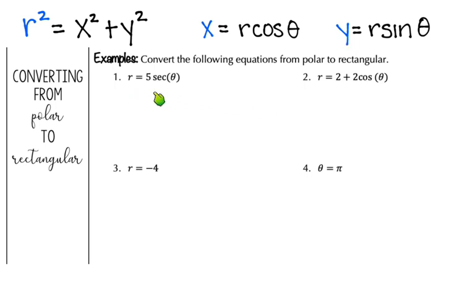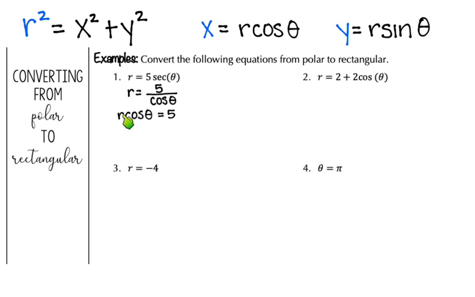So I'm looking at this, and first of all, I don't see an r squared, and I don't see sine or cosine. So my first thing is, I'm thinking, I wish this said r squared. So one of the things I could do is simplify this. Oh, I'm sorry. First, I change it with sines and cosines. And then let me multiply both sides by cosine theta.